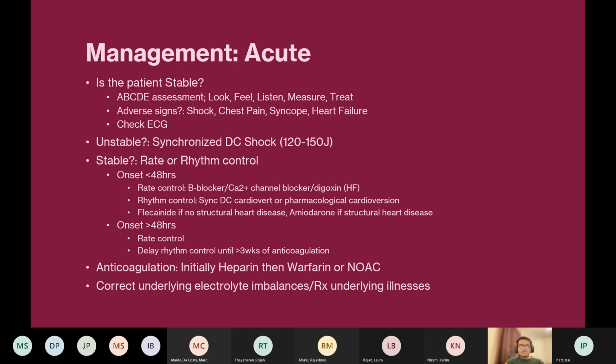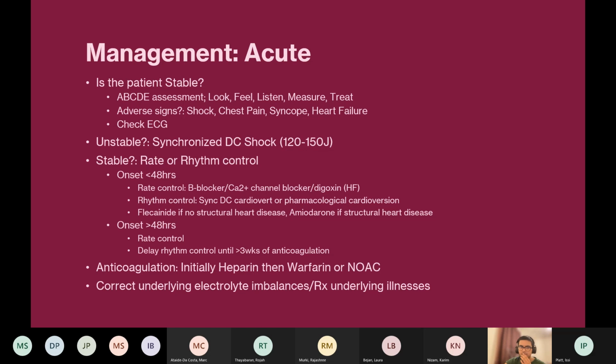If the onset is greater than 48 hours, we rate control with the same methods that we use if it's less than 48 hours: either a beta blocker, calcium channel antagonist, or digoxin. You delay rhythm control until after 3 weeks of anticoagulation. In terms of anticoagulation, some guidelines suggest you give heparin initially until you bridge them onto warfarin or a NOAC.